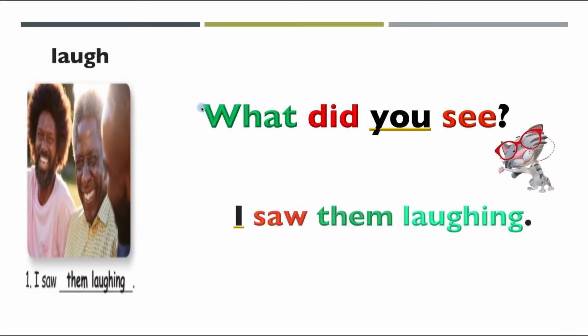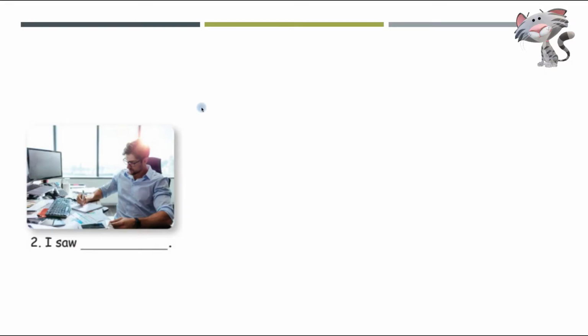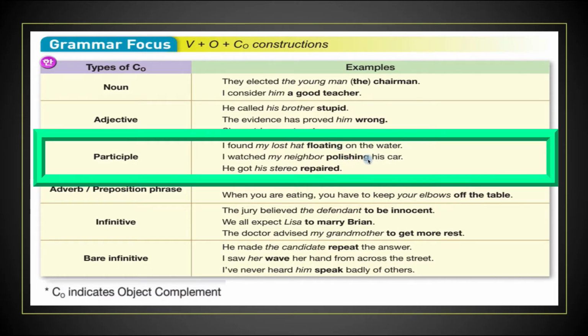So the object action is happening at the same time as the main subject finding, watching it, while the ed, which we call past participle, is referring to the action of the object. His stereo is already finished. Sometime in the past. When? Doesn't matter. It was just in the past.